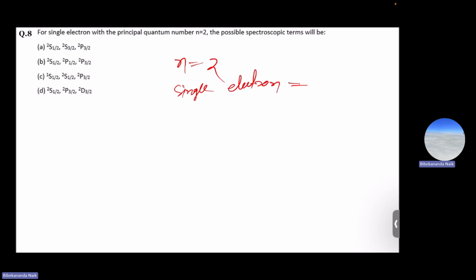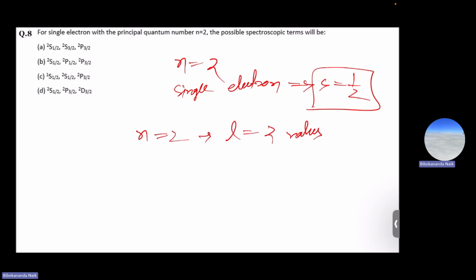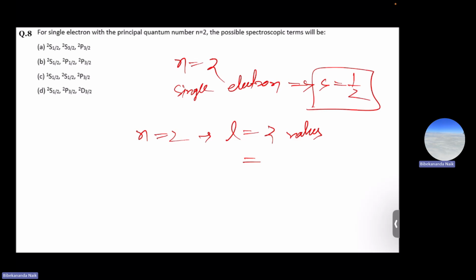Single electron means S is half. Since n is 2, L goes from 0 to n minus 1, so L will be 0 and 1.